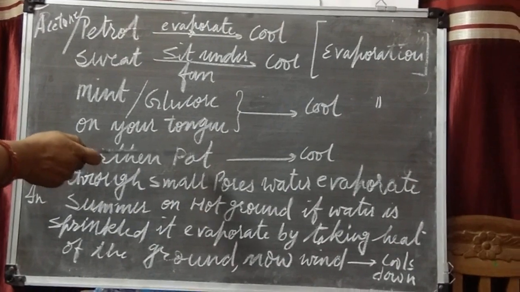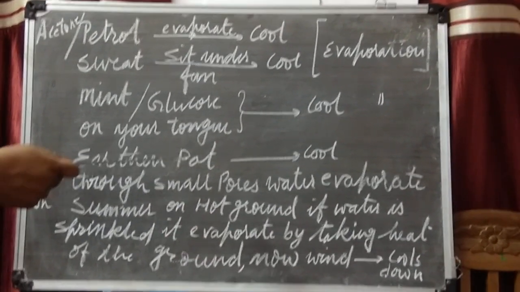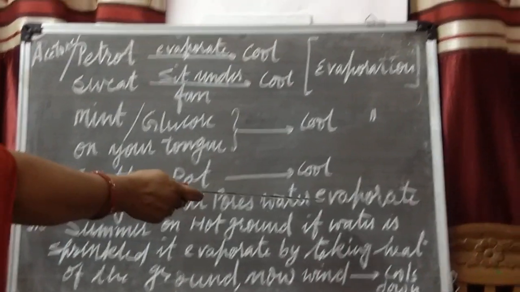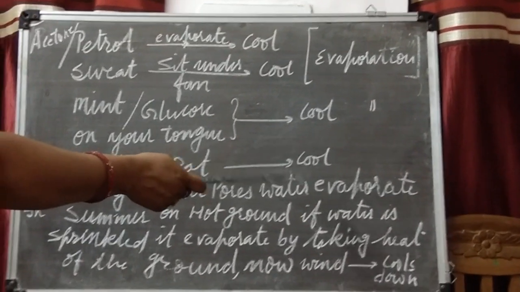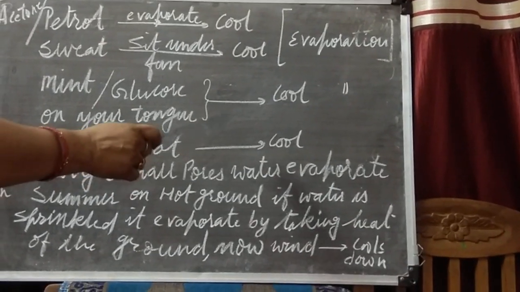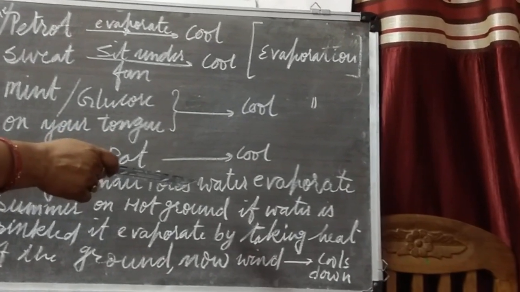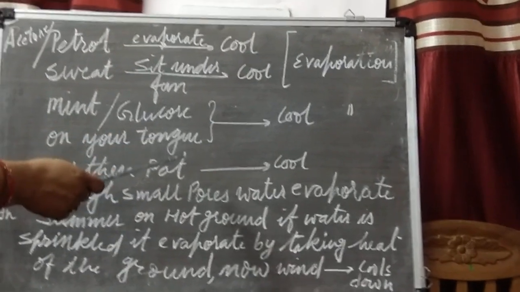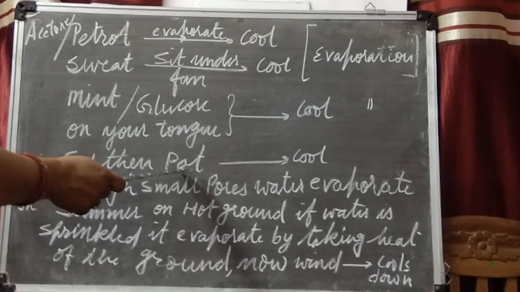Earthen pots, matka, contain small pores, and through those small pores water gets evaporated by taking heat of the rest of the water present inside that earthen pot, and that's why the rest of the water becomes cool. So evaporation is responsible for making the water cool inside the earthen pot.